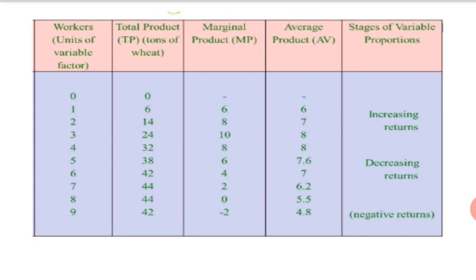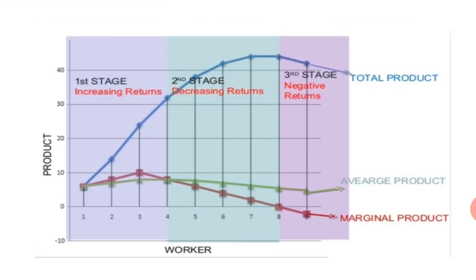So this is about the chart. Here there are 3 colors. The first color represents the first stage, the second color represents the second stage, and the third color represents the third stage. Workers is nothing but the labor. Product means the total product. So we are marking 0, 10, 20, 30, 40.